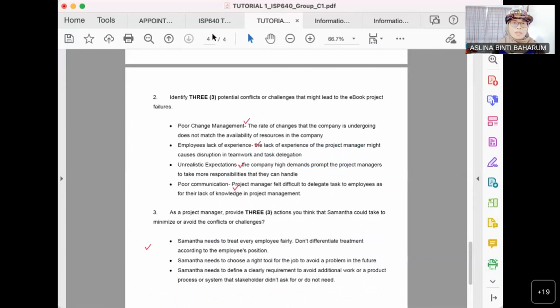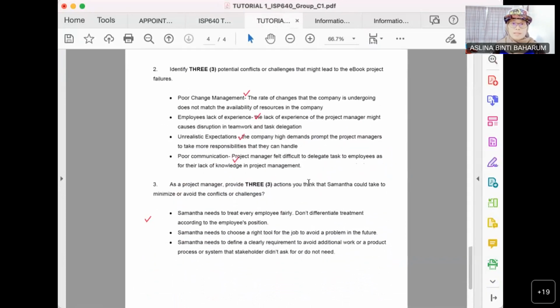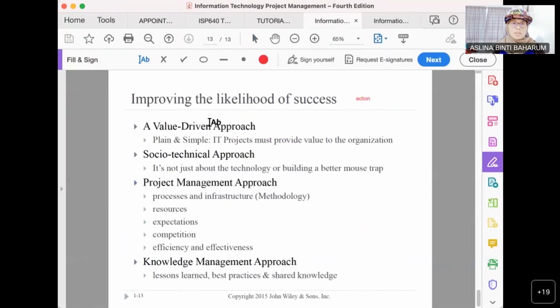For the last question, the question is action. Just now, the action is the solution. I did not give you full marks because of the word used. The specific word used is this one, improving the likelihood of success.